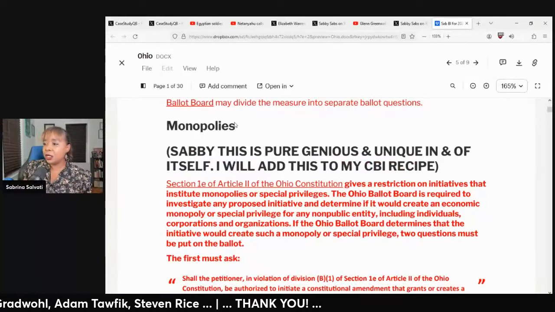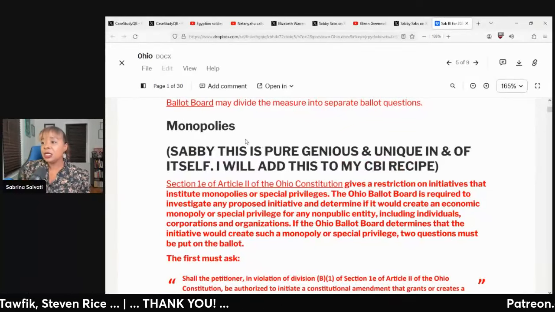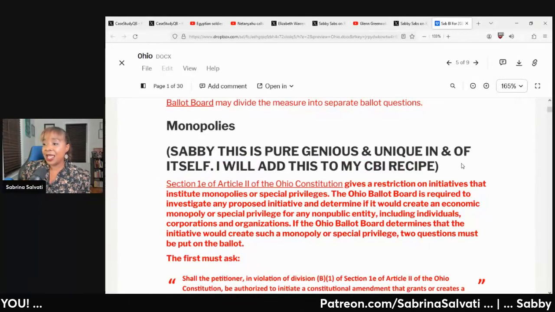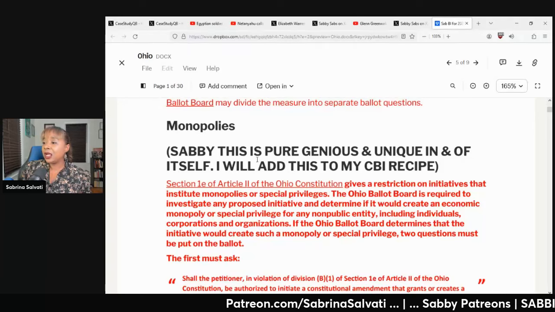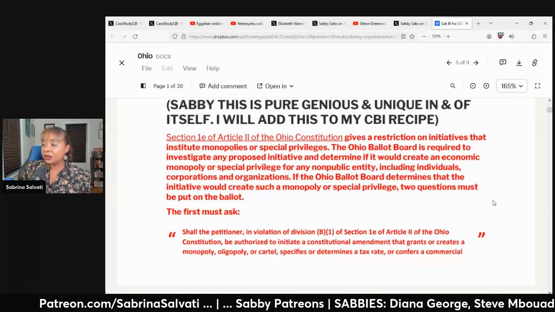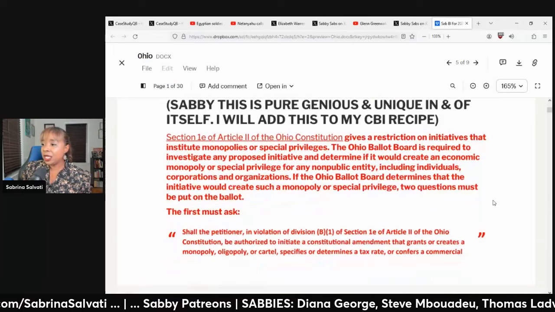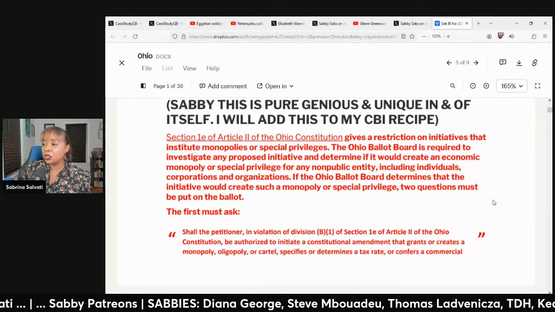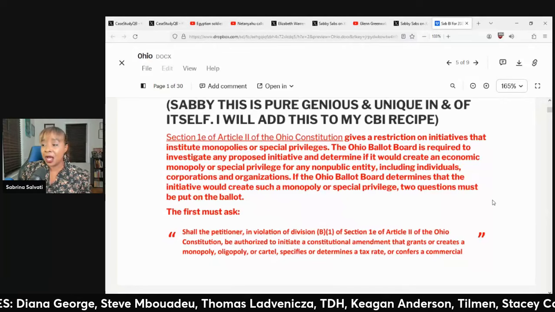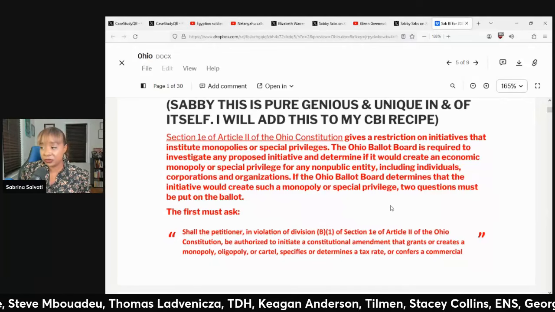Roger actually has a note here about monopolies in Ohio. He says, Sabby, this is pure genius and unique in and of itself. He said he'll add it to his CBI recipe. It says here that Section 1E of Article 2 of the Ohio Constitution gives a restriction on initiatives that institute monopolies or special privileges.